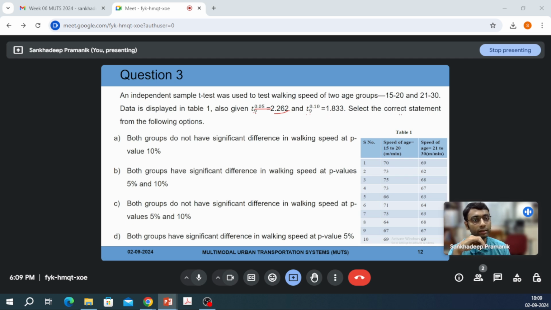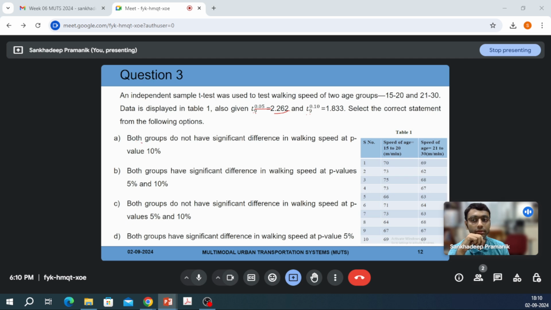Select the correct statement from the following options. Here this column is for the speed of age 15 to 20, and this column is for the speed of age 21 to 30, and all are given in meters per minute.